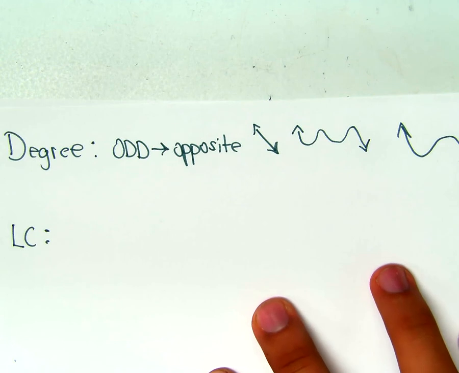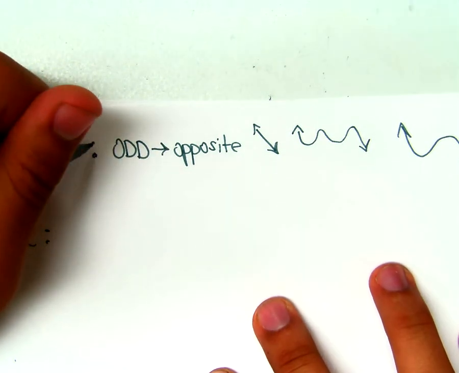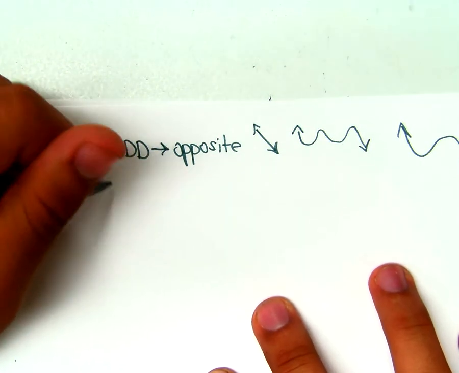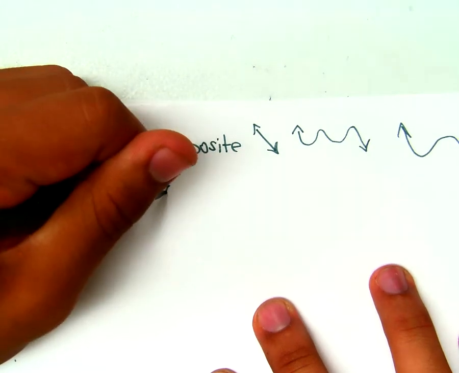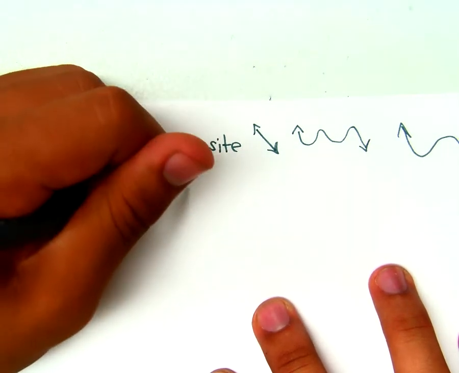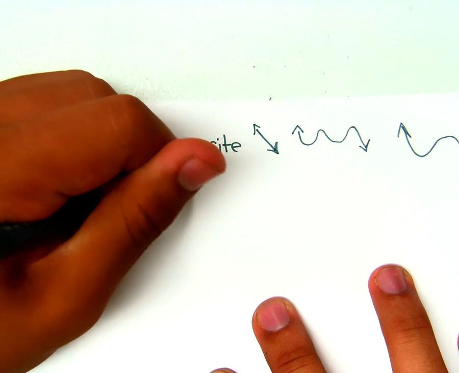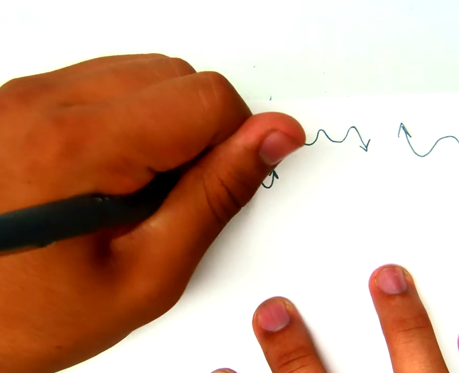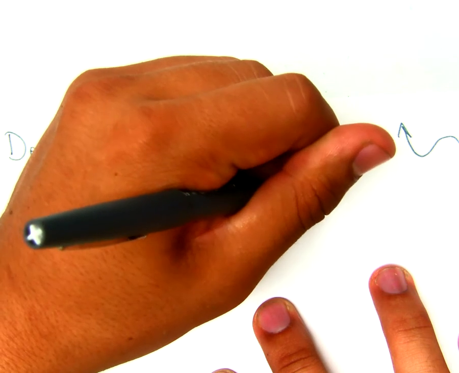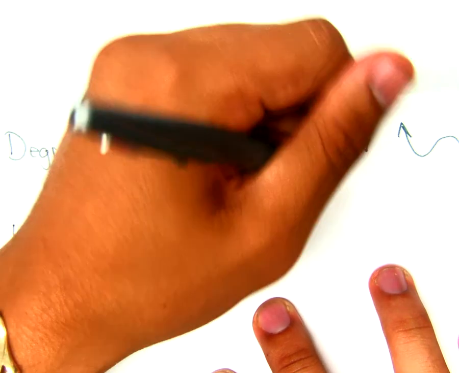So now the other case you might have is if the degree is even. If the degree is even, then the ends will be the same. So we'll have scenarios, functions like this.